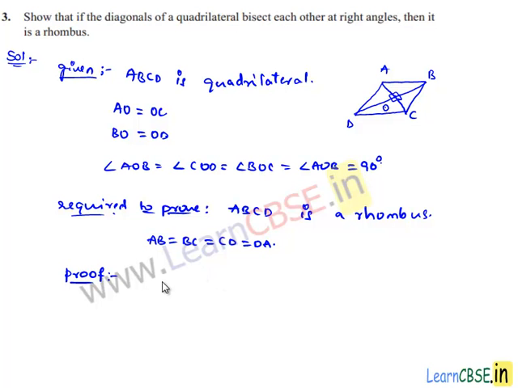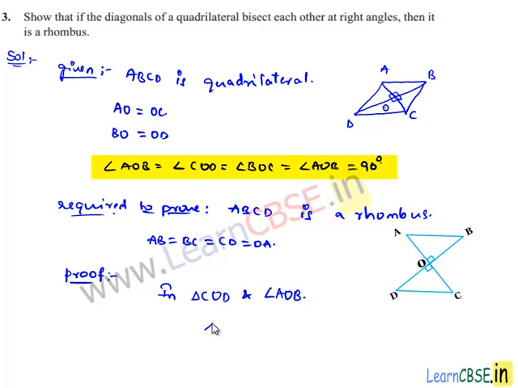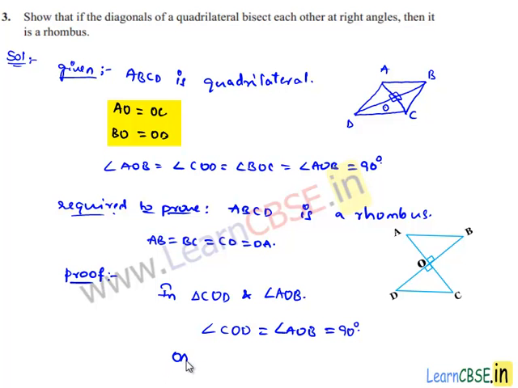Now in order to prove this, let us consider two triangles, that is, triangle COD and triangle AOB. In these two triangles we can say angle COD is equal to angle AOB is equal to 90 degrees, which is given, and also AO is equal to OC as the diagonals bisect each other perpendicularly, and also OB is equal to OD from the given.